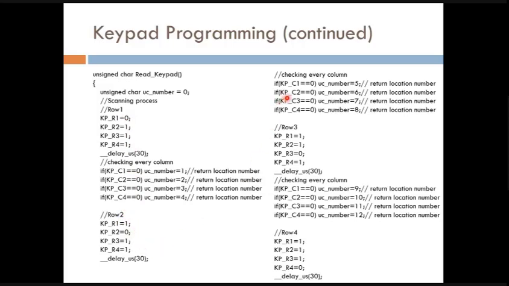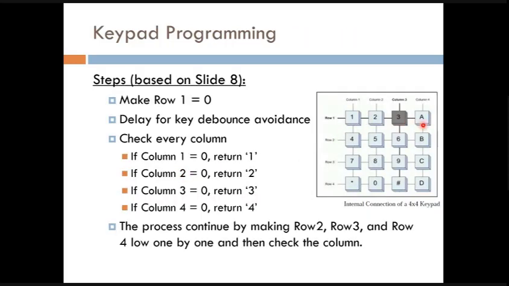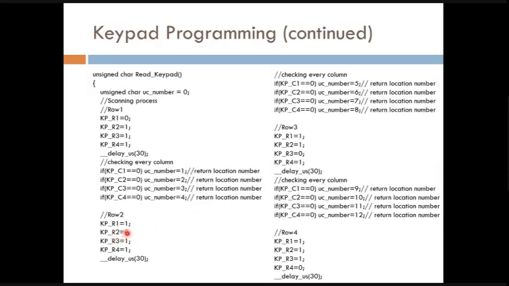Then do the same thing, but the return number is already different, because 1, 2, 3, 4 refer to row 1, and then 5, 6, 7, and 8 refer to row 2. That's why the return numbers here are 5, 6, 7, 8.